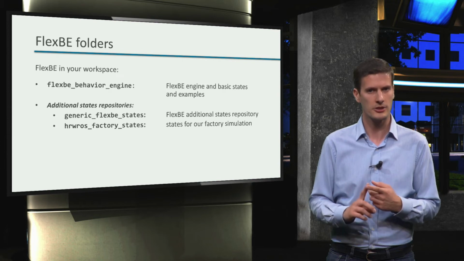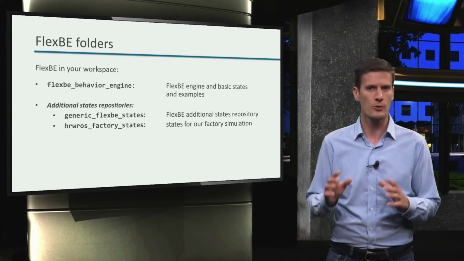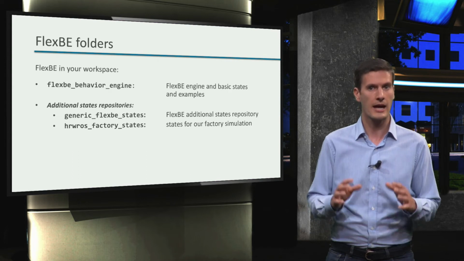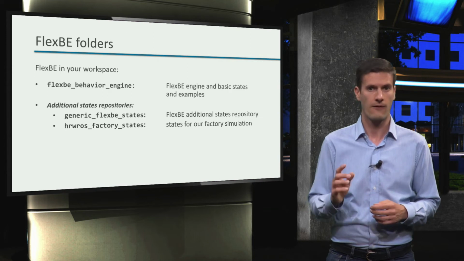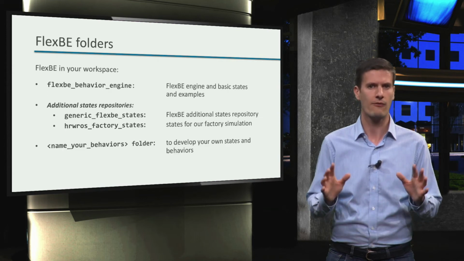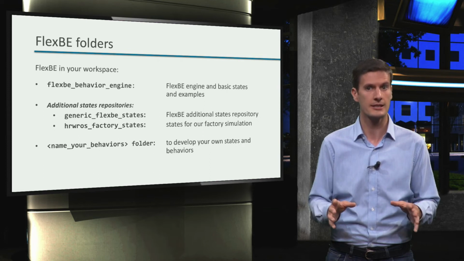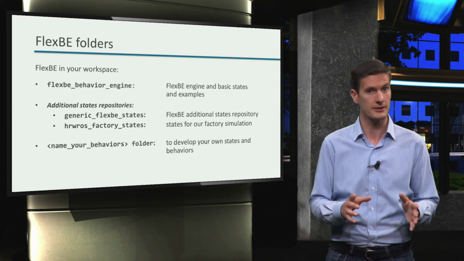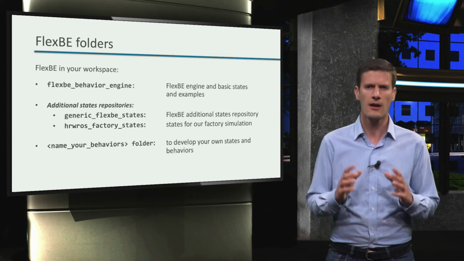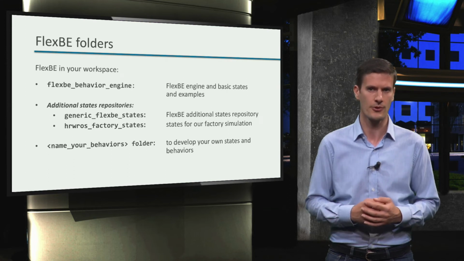The other state repository is the HRWROS factory states, which is specific for this course and contains states for our factory simulation. Finally, the most important folder for you, the one that contains the behaviors and states that you will develop. This folder does not exist yet. You have to create it. FlexBE comes with a tool to create and configure this repository for you.